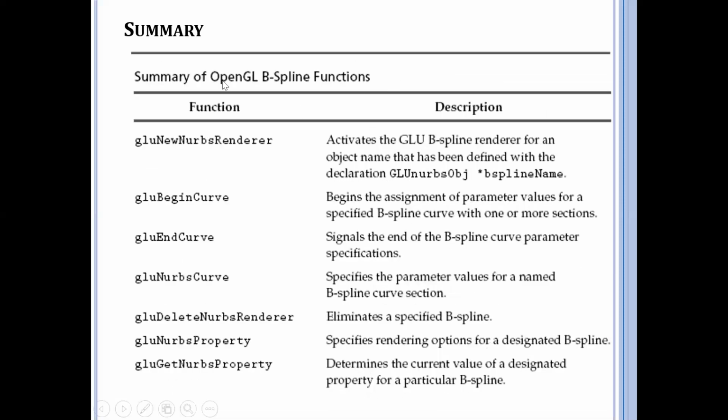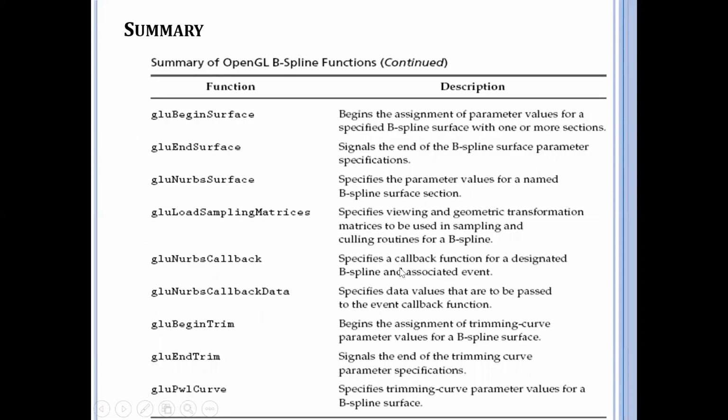In the next slide, I have taken the summary of the OpenGL spline functions, that is your new NURBS renderer, begin curve, end curve, NURBS curve, delete NURBS renderer, property, etc. And in the last, I have continued with the spline functions, which again covers some of those we discussed, like the callback data, trim, and so on. So just have a look at the summary, which would be easy for you to understand.